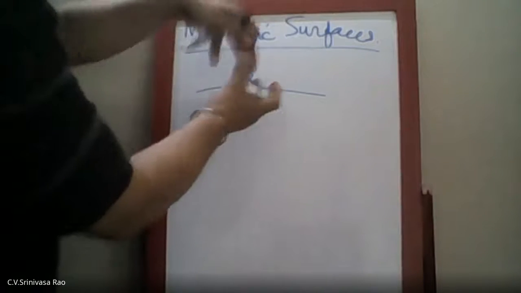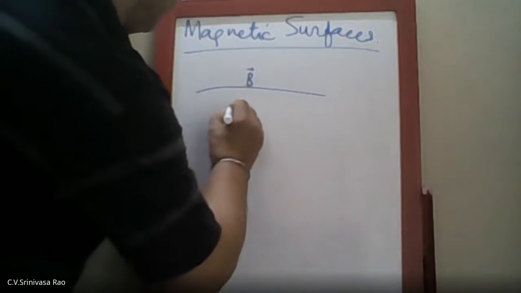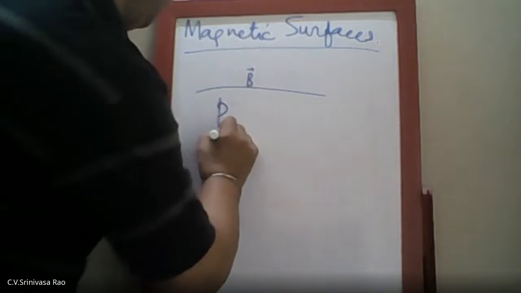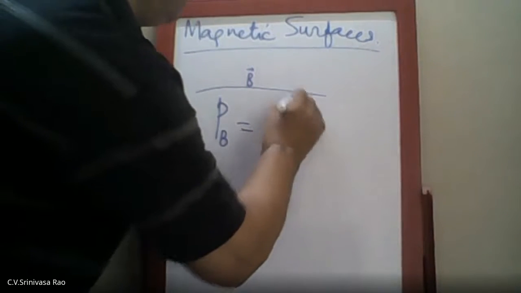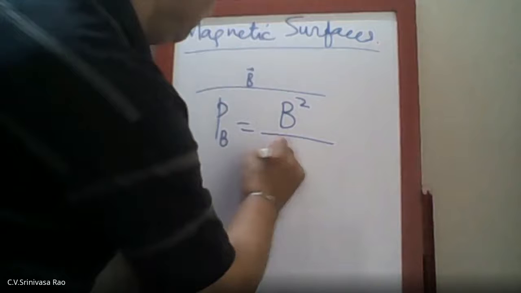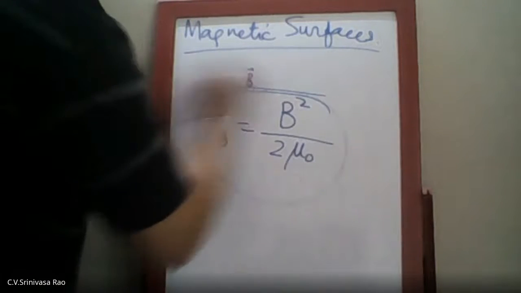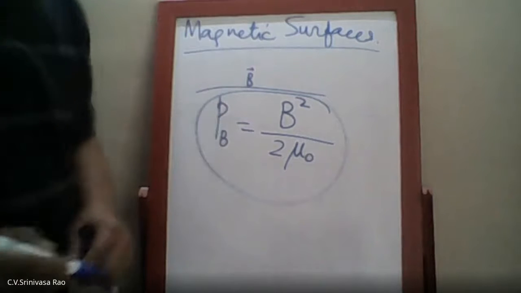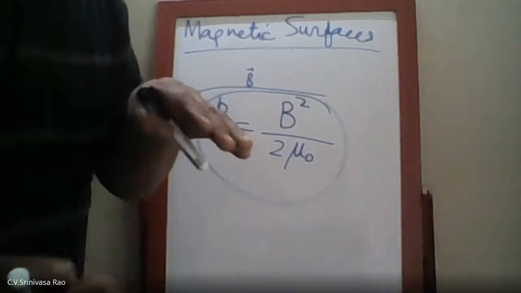So you will have a pressure applied homogeneously in all directions, which is basically given by this. This is called the magnetic pressure. So every field line will have a sort of magnetic pressure.